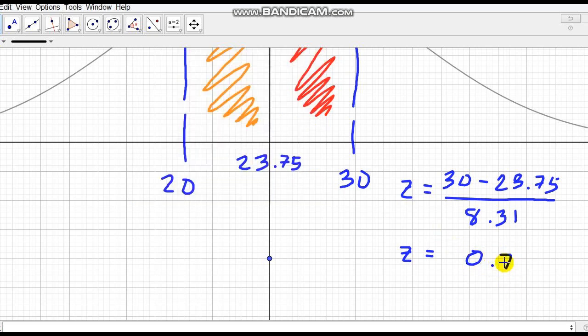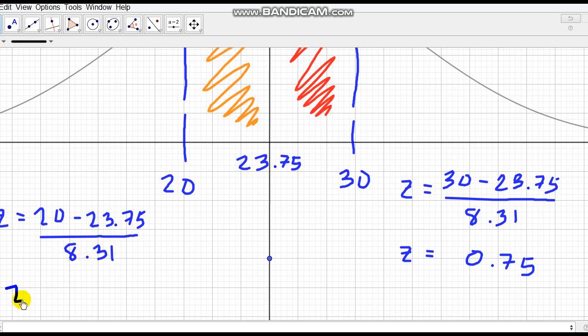So that's the z-score. While for 20, z is equal to 20 minus 23.75 divided by 8.31.